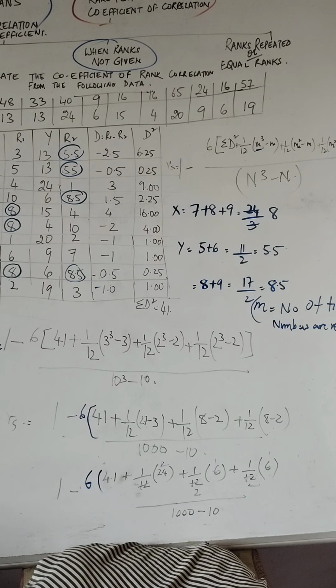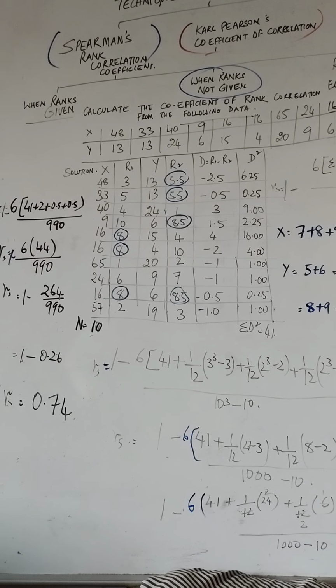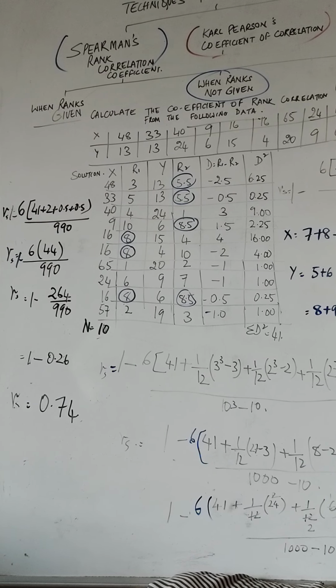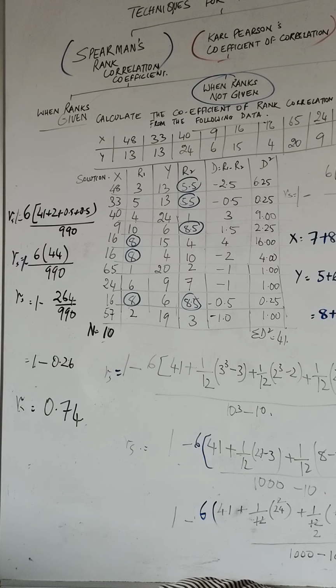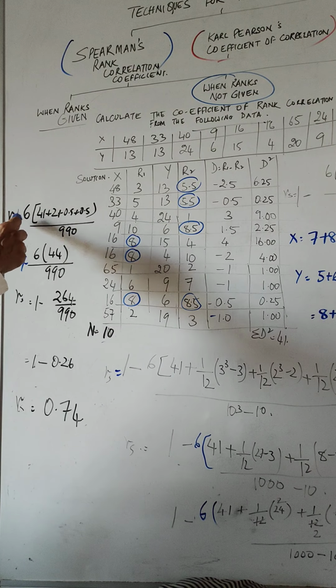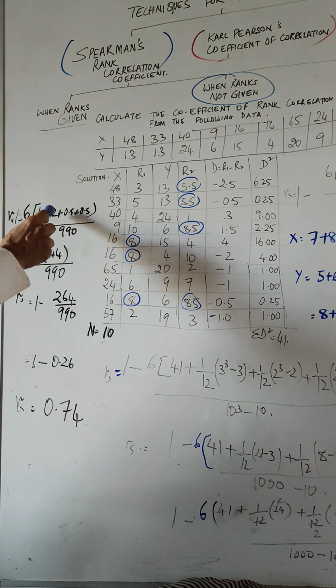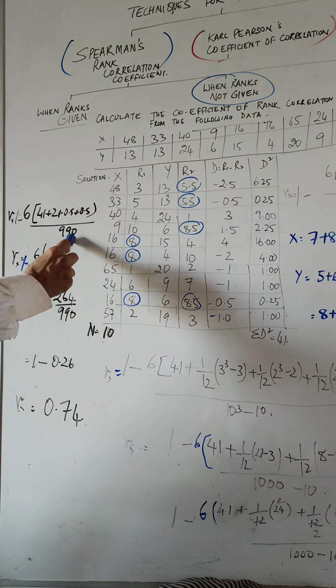Alright, so now I want you to see this carefully. So we come here now. I had to do it at one place. So now for rank correlation, 1 minus 6 into 41 plus 2 plus 0.5 plus 0.5 upon 990.